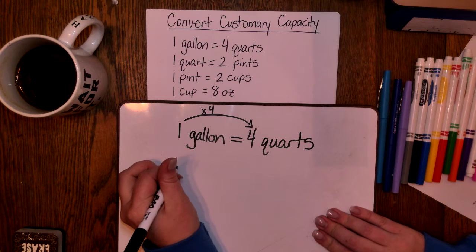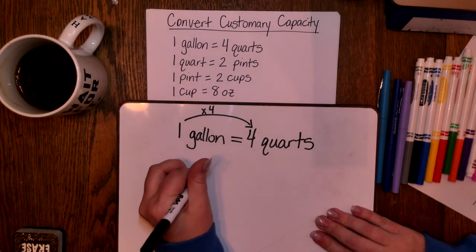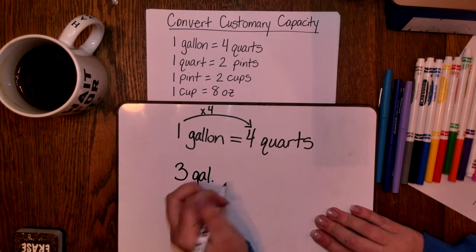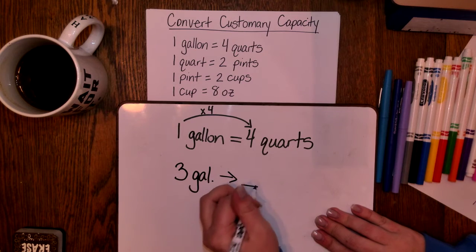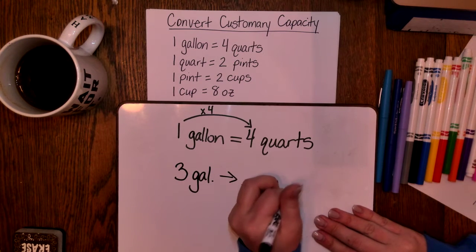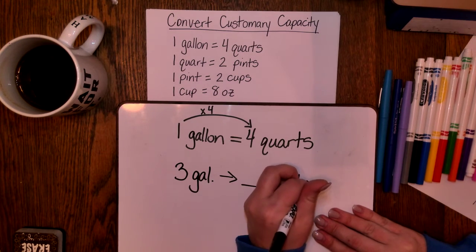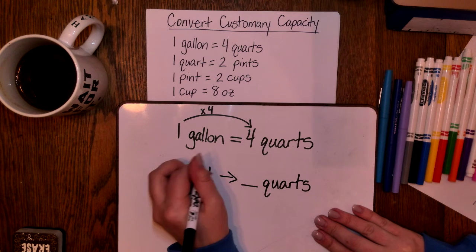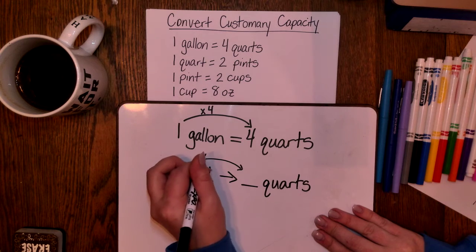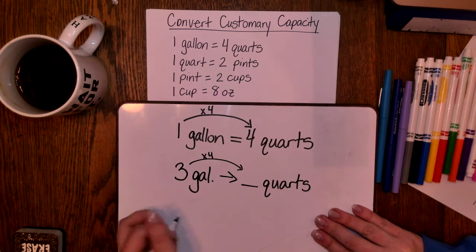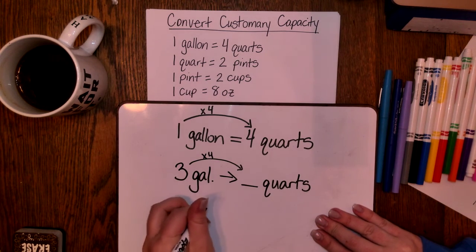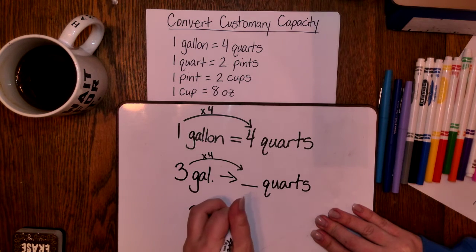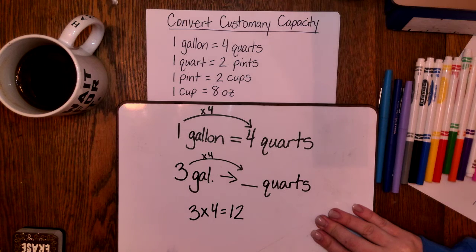So if I have 3 gallons, how many quarts is that? Well, I know that I'm going to multiply by 4. So 3 times 4 is 12.